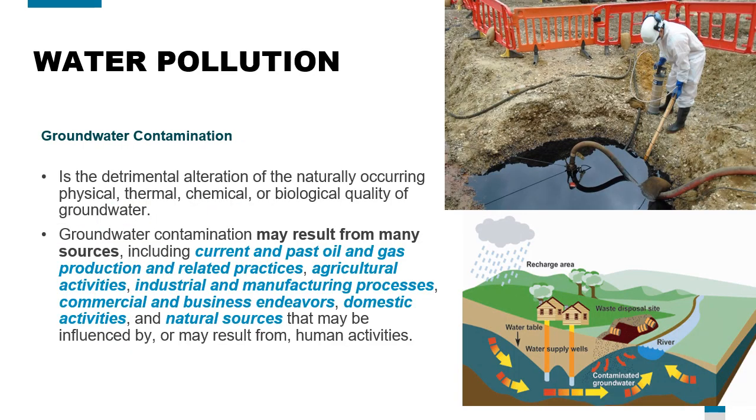Okay? So groundwater contamination is a detrimental alteration of the naturally occurring physical, thermal, chemical, and biological quality of groundwater. So groundwater contamination may result from many sources including current and past oil and gas production related practices, agricultural activities, industrial manufacturing processes, commercial and business endeavors, domestic activities, and natural sources that may be influenced by, or may result from, human activities.